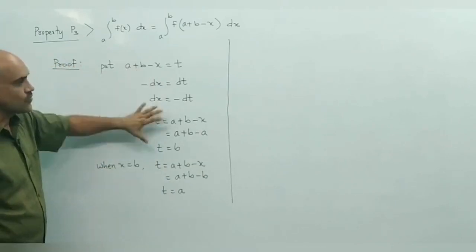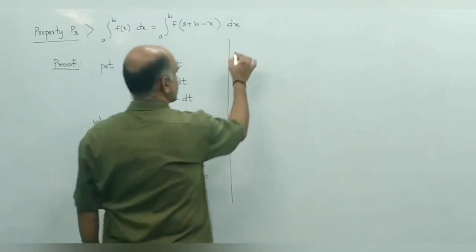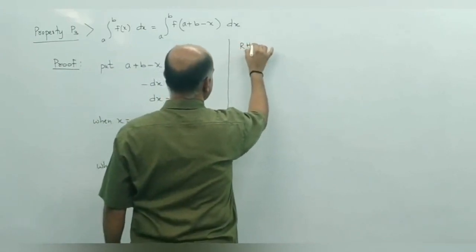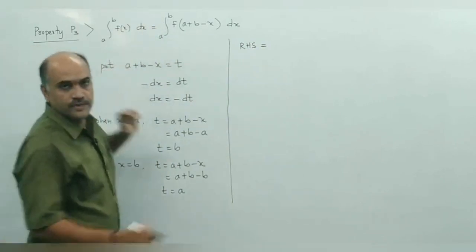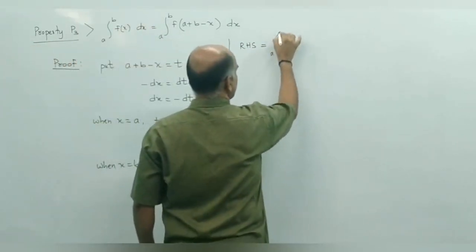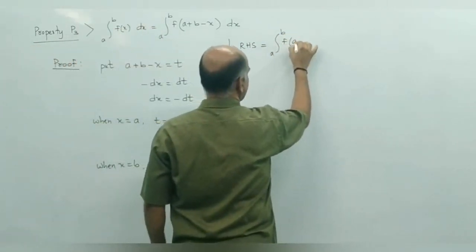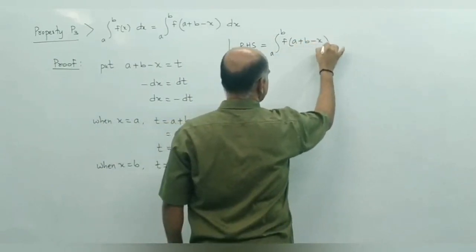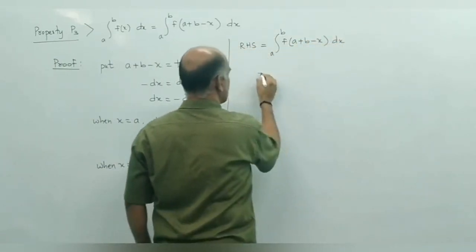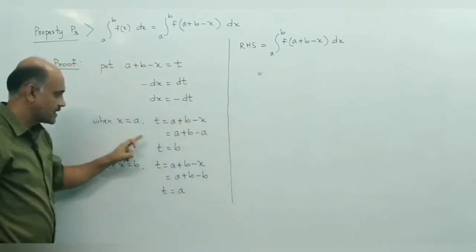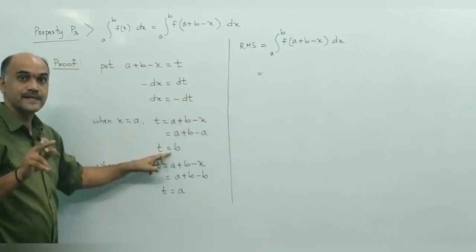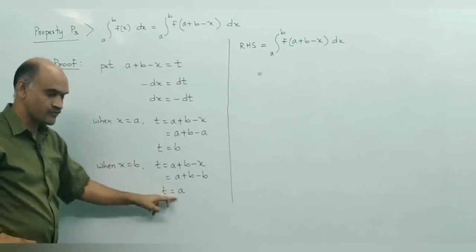Now substitute all these values in the RHS. RHS is equal to integration a to b f of a plus b minus x dx. Now I will substitute this. When x is a, t is b. So in place of a you will get b, in place of b you will get a.